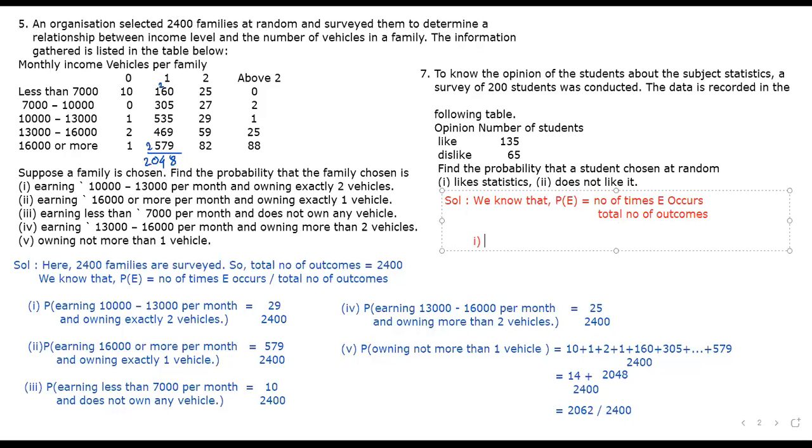So number 1, the probability that a student chosen at random likes statistics. How much did you say? 135 upon 200. Next, the student does not like statistics.